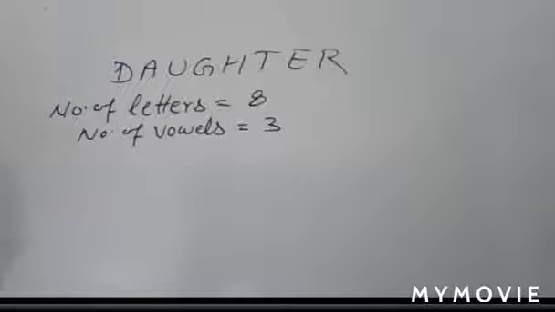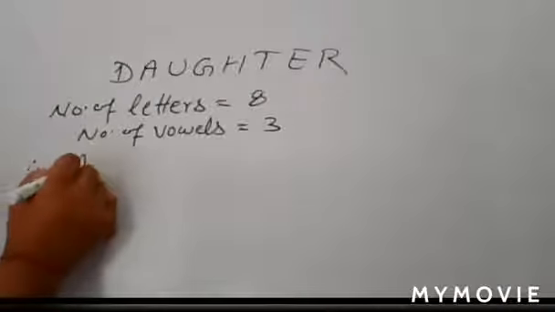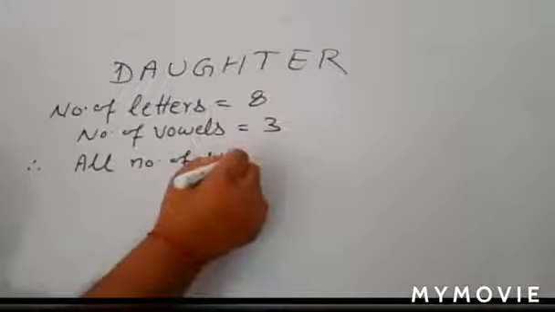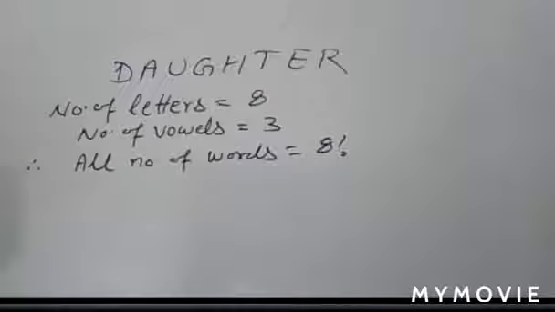Understand? So first you write all the possible number of words. All the number of words is equal to factorial 8. And in the previous question we already solved the value of factorial 8, 40,320.